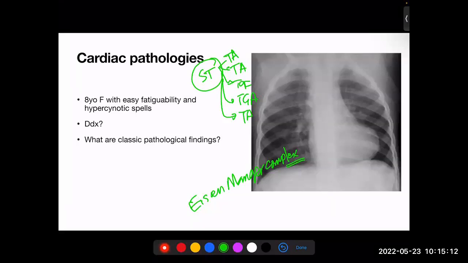VSD, okay. Overriding aorta. The aorta is overriding the VSD. That's why I'm telling you to start with VSD.